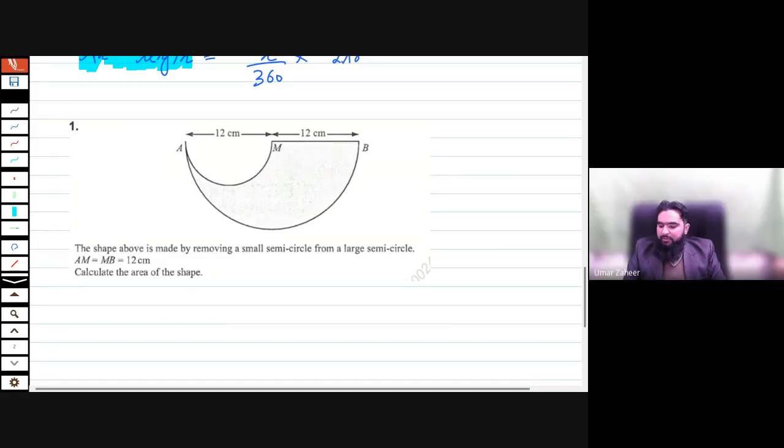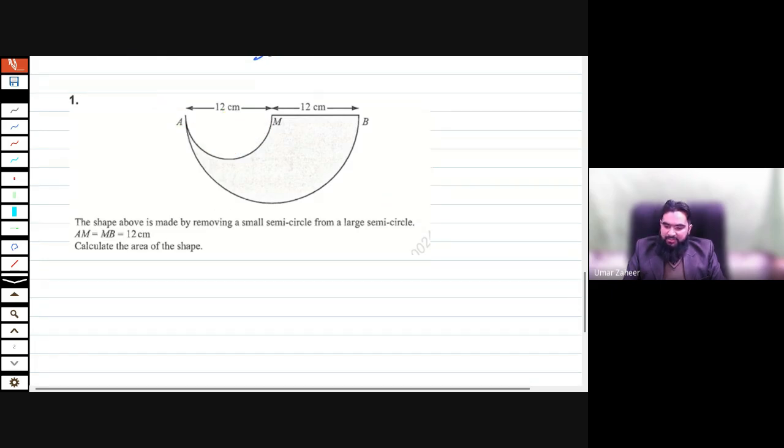Okay. Now, obviously, in the shaded part, we can clearly see that we have a bigger semicircle and a small semicircle. If we find the area of the bigger semicircle and subtract the area of the smaller semicircle, we are going to get the required area.